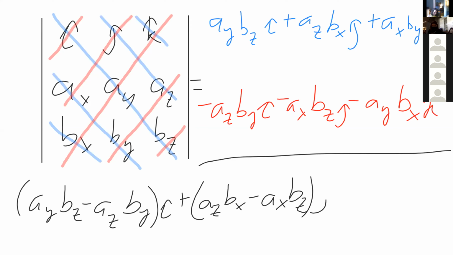That's the J hat. And then combining my K hat like terms, I have AX BY minus AY BX. I'm running out of space. And that will be the K hat. I'm so sorry. AYBX K hat there in the corner.